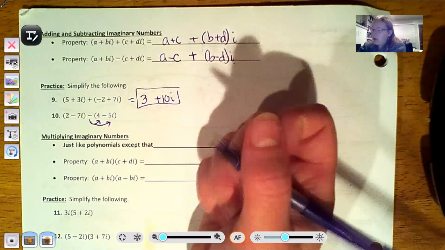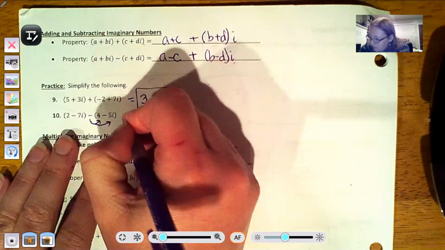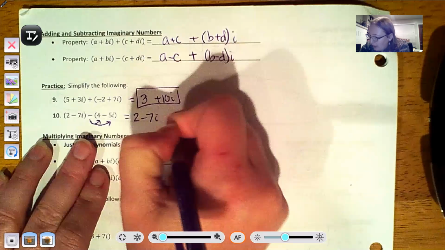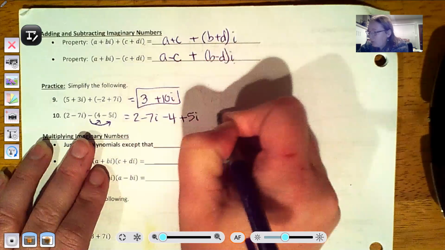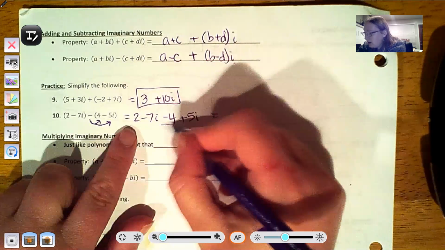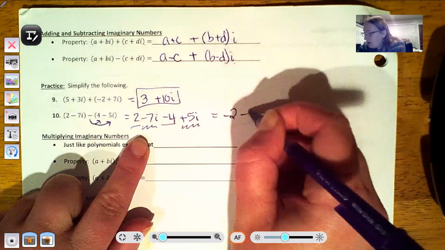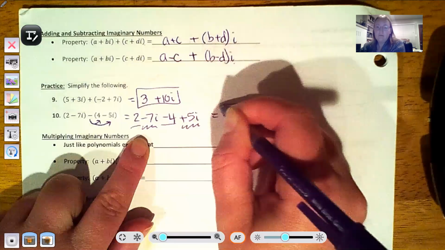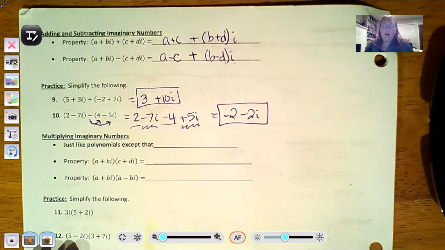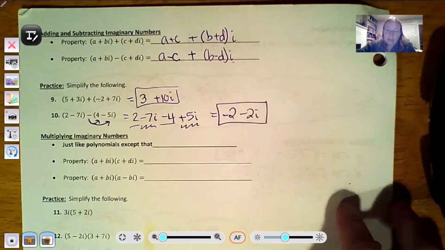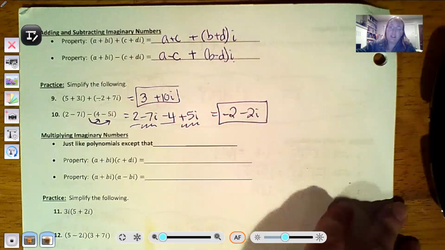You distribute the -1, and then you can combine your real parts and you can combine your imaginary parts. So that's adding and subtracting in a nutshell.